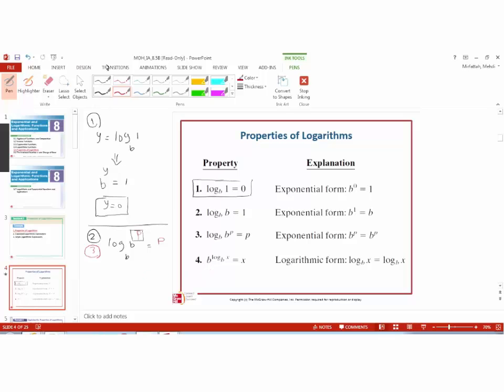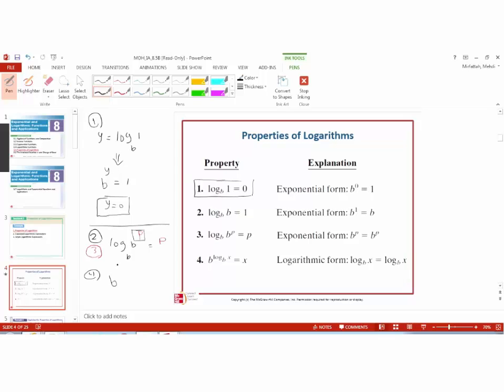Next one here, number 4. We have b to the power of log of x. Again, if the base of the exponential and the base of the logarithm are the same, in either way, the whole thing would be equal to this number x. Again, we can verify that by letting this equal to y. You can easily verify number 4 as well, because this would be the same as saying b to the power of x is equal to that number.